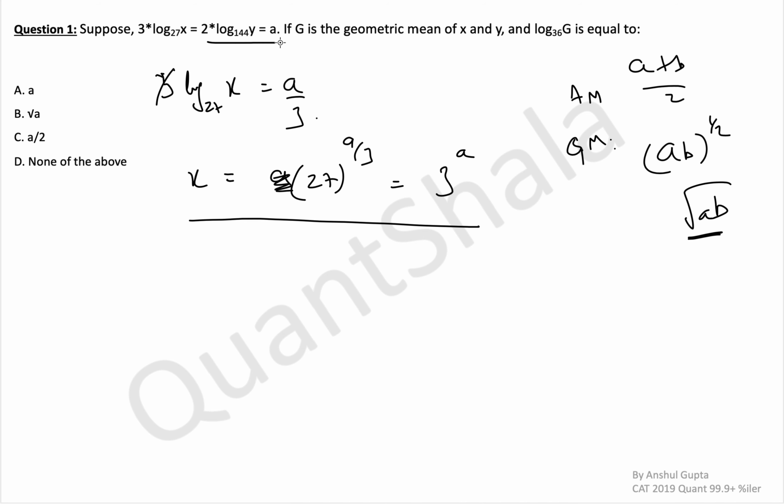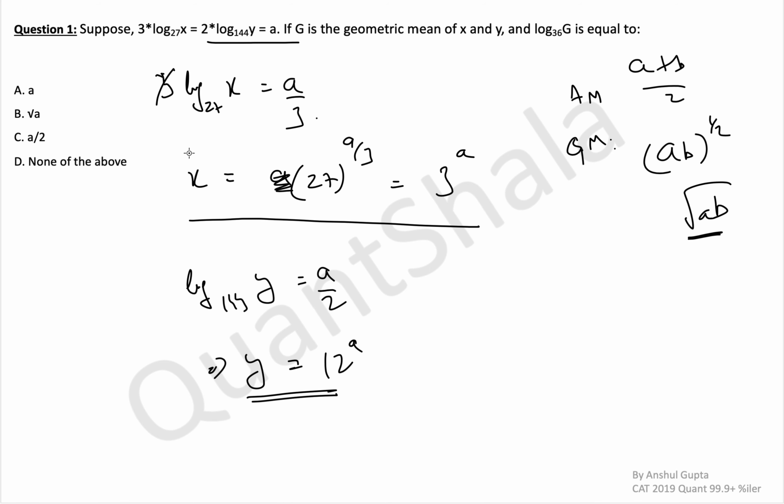Similarly, here we'll have log 144y is equal to a by 2. This implies y is equal to 144 raised to power a by 2, or you can say 12 raised to power a. So this is y.